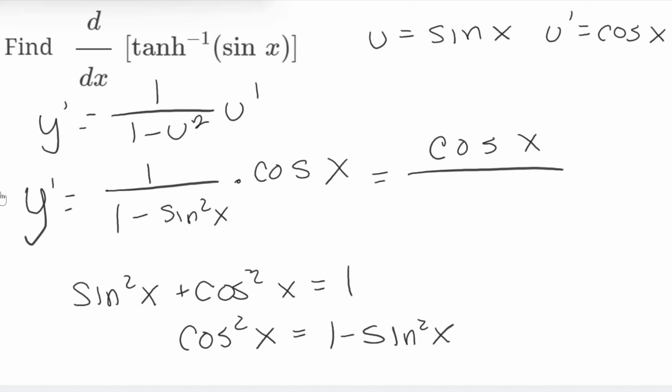This is where those rules come into play. It's not that you have to use them necessarily to do the problem. You end up having to use them to simplify the problems. Yes, that's a Pythagorean identity.